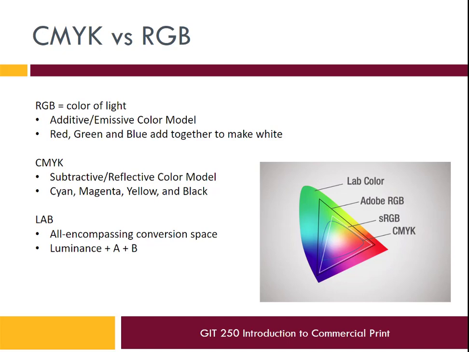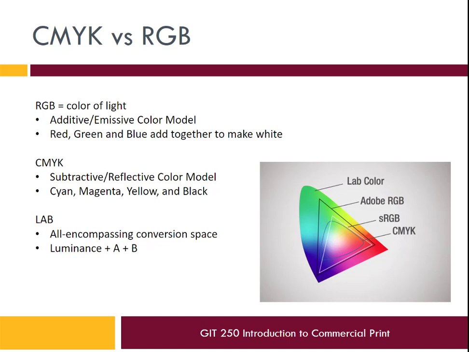For our purposes in this class, we're not going to get into LAB really at all. Just know that when you convert from RGB to CMYK, LAB is the conversion space in between. So mathematically, it makes sense for our software to take the RGB values of our photo and convert them to LAB and then to CMYK instead of directly.